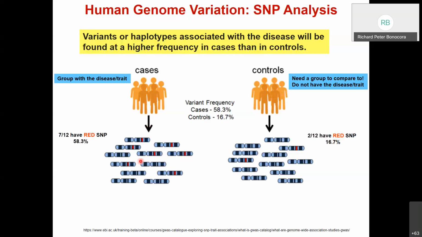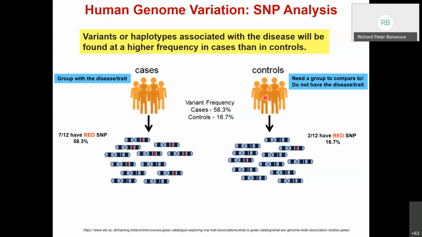So if we look at these different chromosomes here, and we look for a particular SNP, these red bars are the SNP we're looking at. Of those that have the particular disease, in this case we have 12 individuals, and 7 out of 12 have it, or 58.3% of the individuals have the SNP.